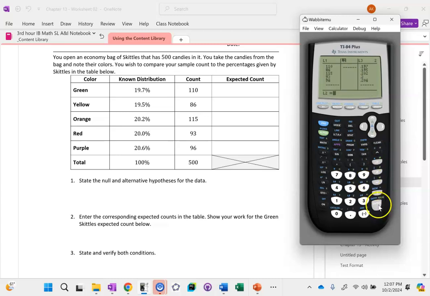I'm going to press enter, and I'm going to just take my probability from L3 and multiply it by the total in my sample. So I'm going to do 500 times L3. And then just press enter. And whoop! There's all my expected counts in one shot.